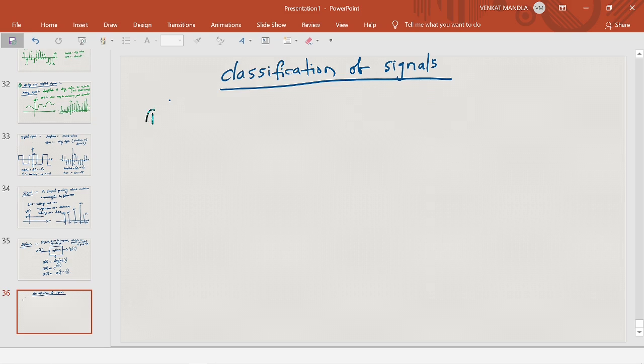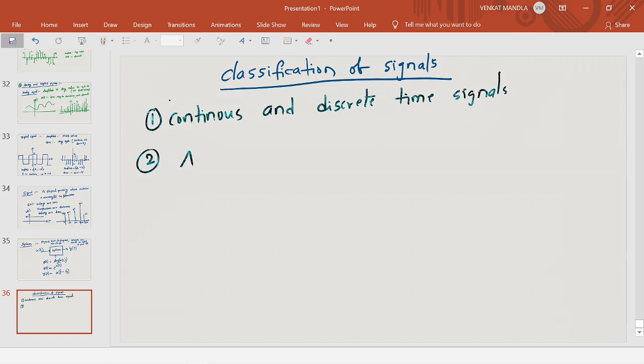So first classification, continuous and discrete time signals.